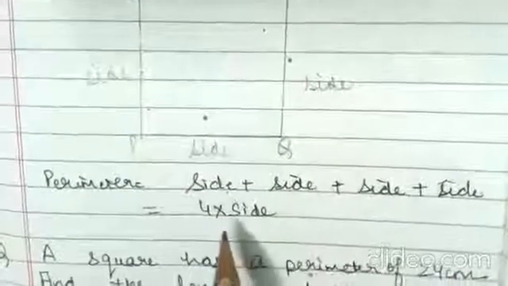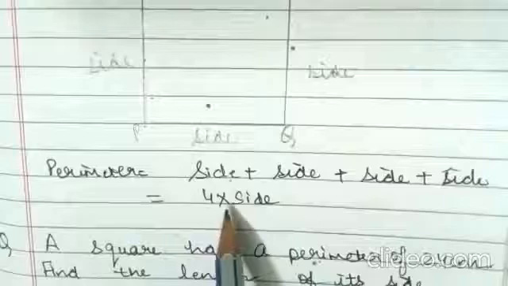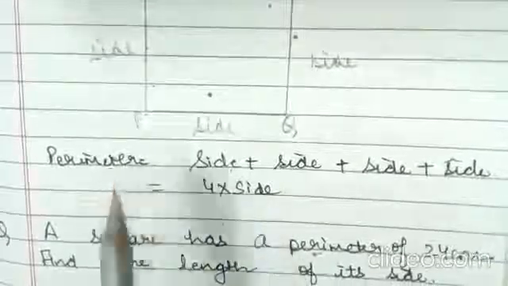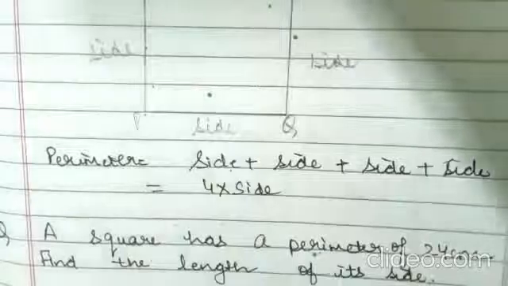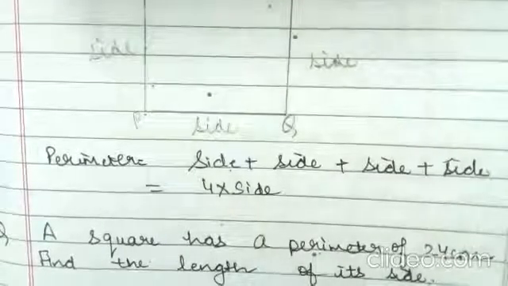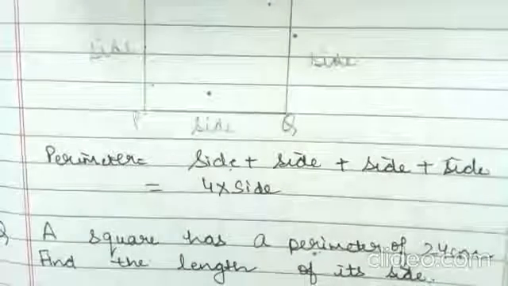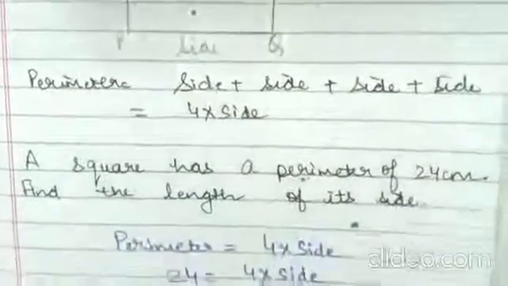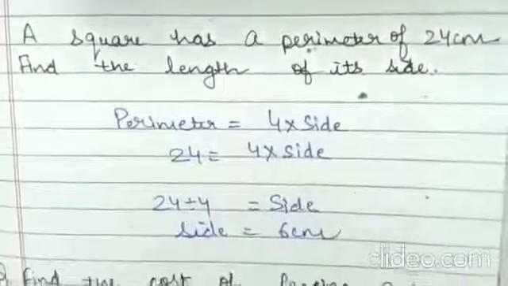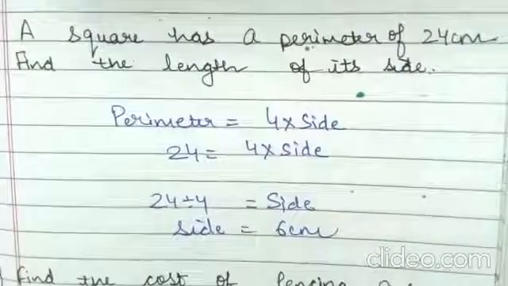So what can I write? 4 multiply side. So the formula for the perimeter of a square is 4 multiply side. Clear?